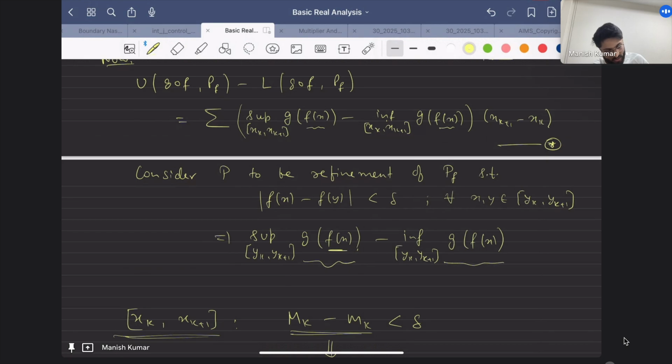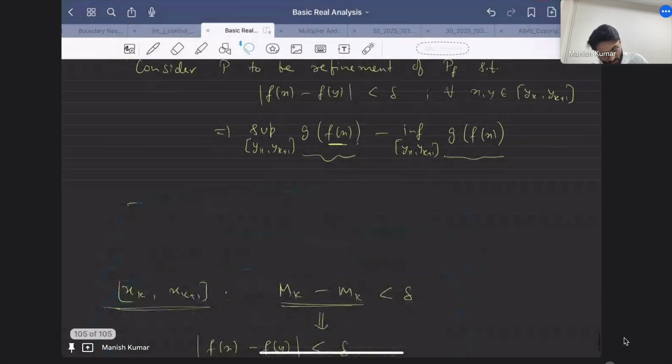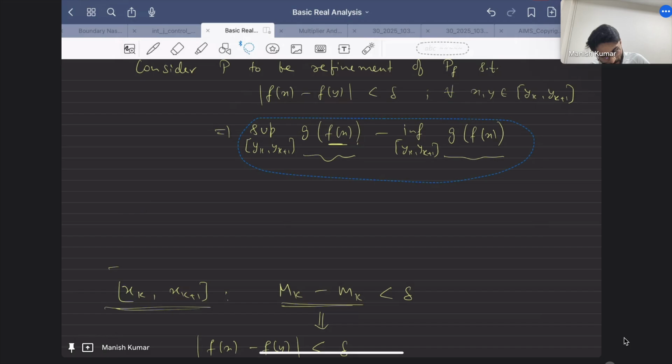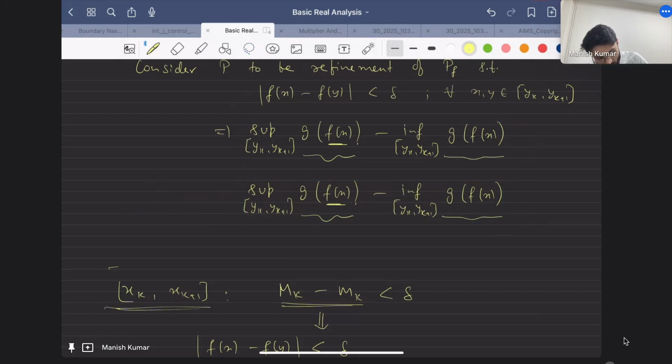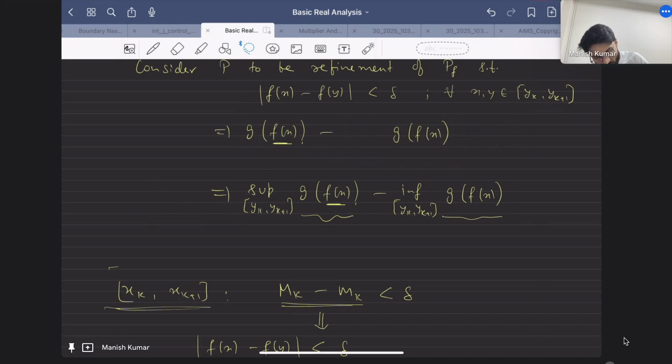So let me write one more line: I can say that g(f(y)) minus g(f(x)) is always going to be less than epsilon.